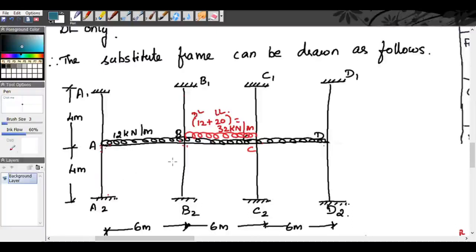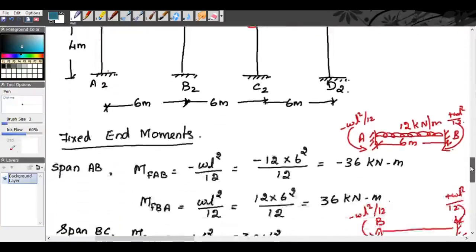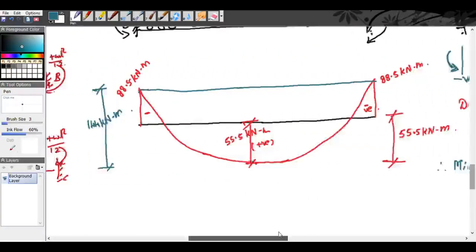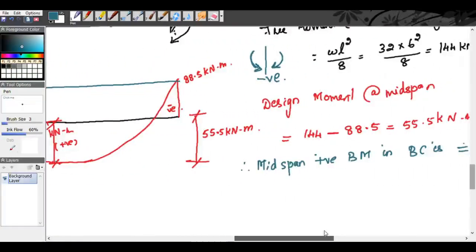First of all, we have to determine the substitute frame, find the dead load and the live load, draw the substitute frame, mark the loading conditions, find the fixed end moment, determine the distribution factors, then using the 2-cycle moment distribution method, determine the final end moments. Then you can draw the bending moment diagram and find the final positive midspan bending moment.